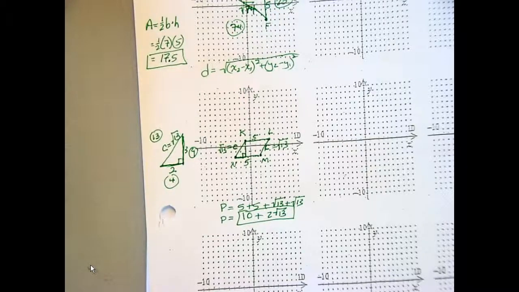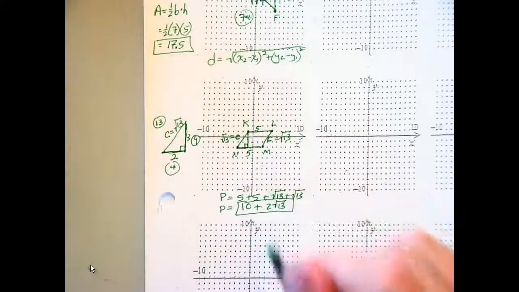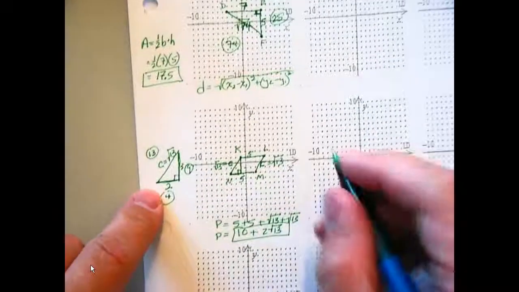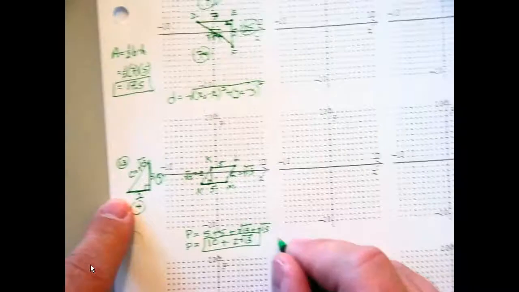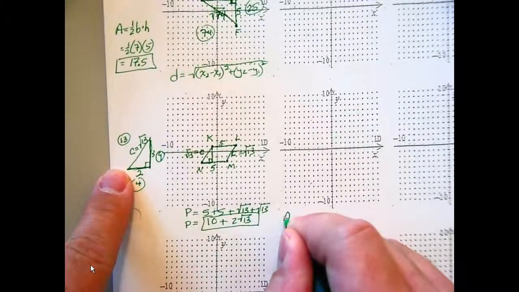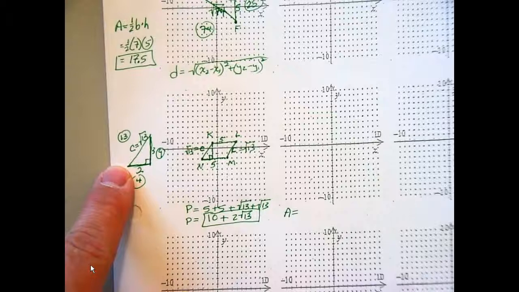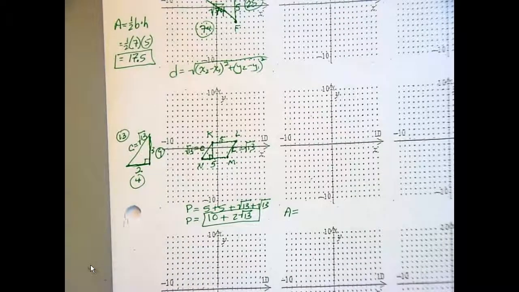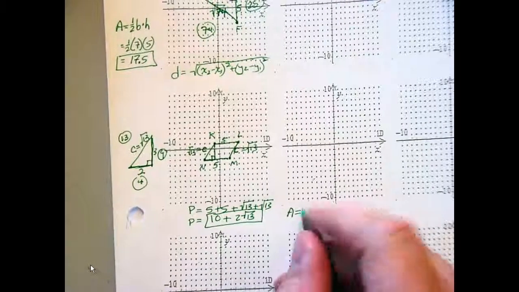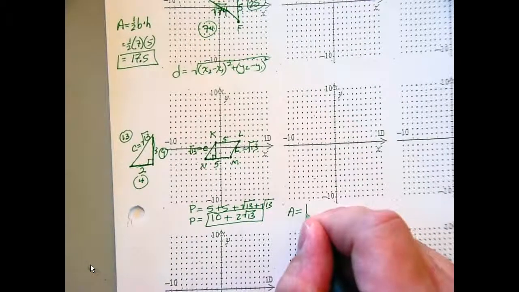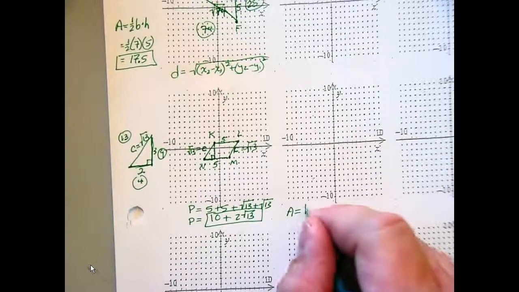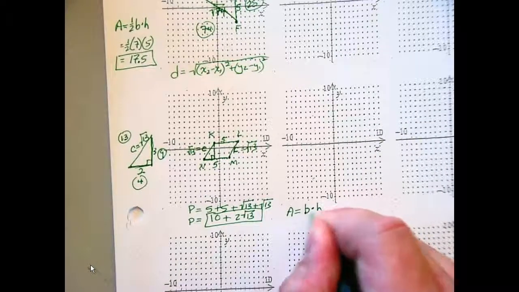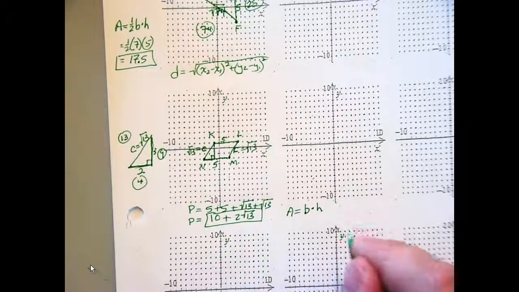Tell your neighbor how you find the area of a parallelogram. Okay, volunteer? Yeah, it is just base times height. Hunter, right? All right. Yeah, area is equal to base times height. Now remember, base and height have to meet at a right angle.